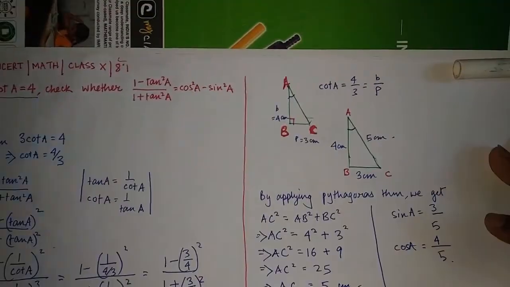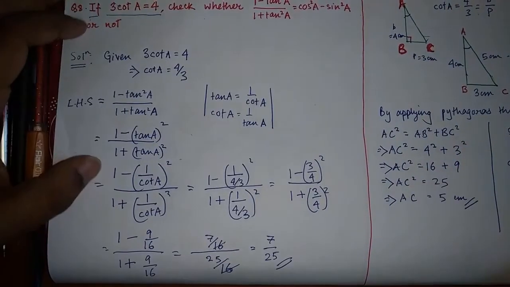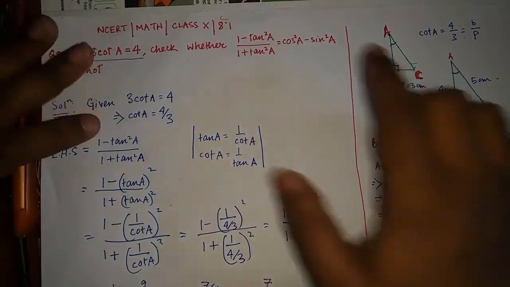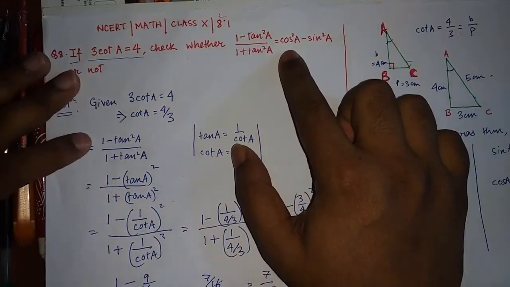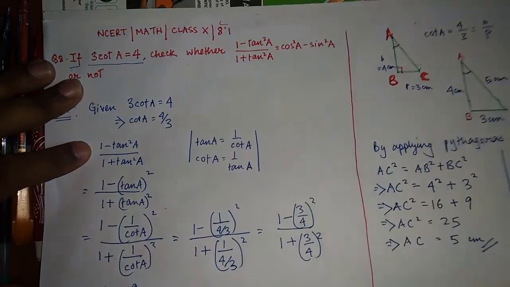Now, okay, new page. Just see what I have done so far. Now we take the right hand side, which is cos square A minus sin square A. You need to find this value. Let me write it.